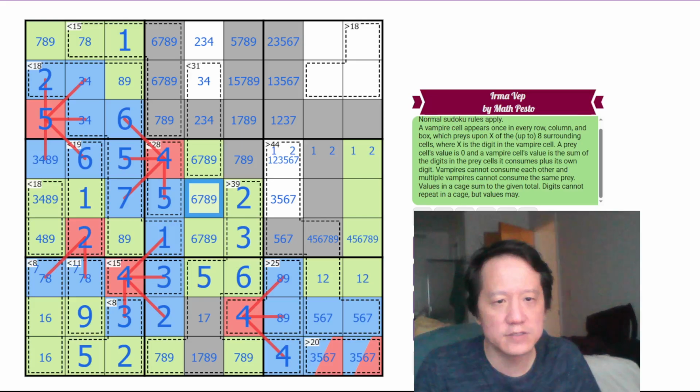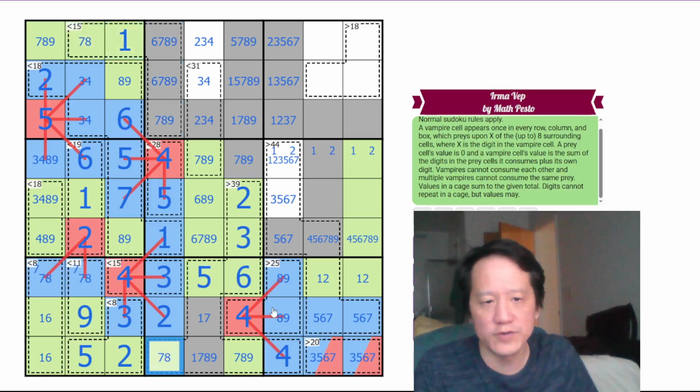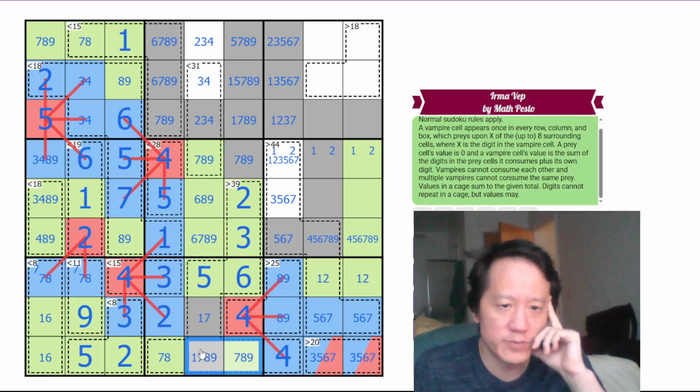That eliminates 7 here. 6 cannot be here either. The only remaining digit here is 7 or 8. So this digit must be the same as this because there's no repeats in the cage. So this is 7 or 8 here. 9 has to be one of these two, which doesn't really tell us much.